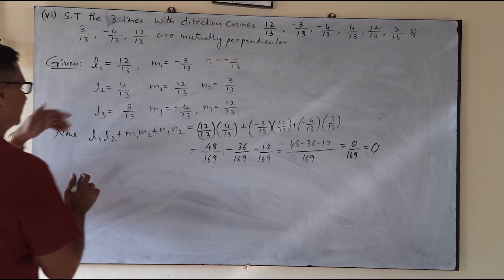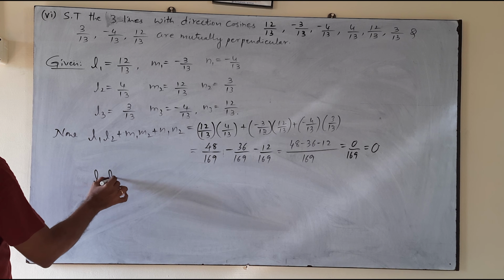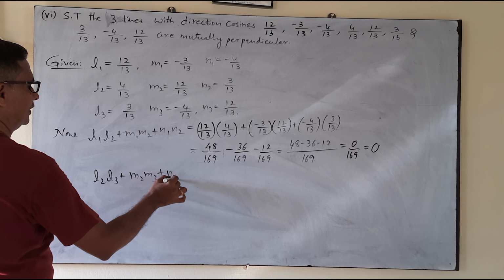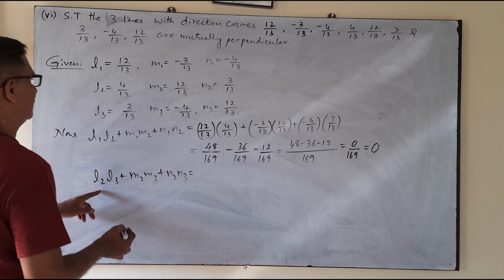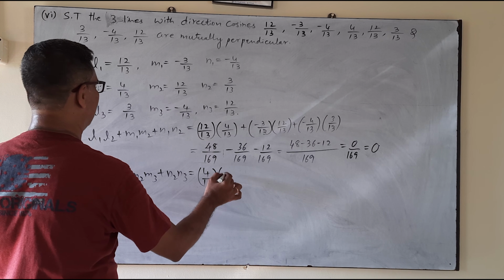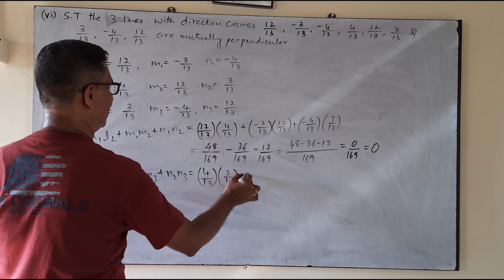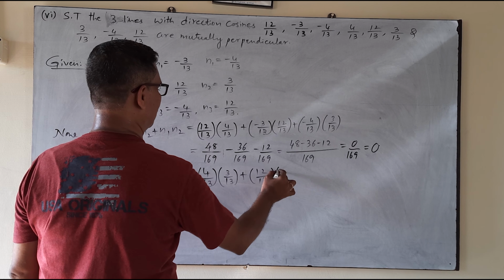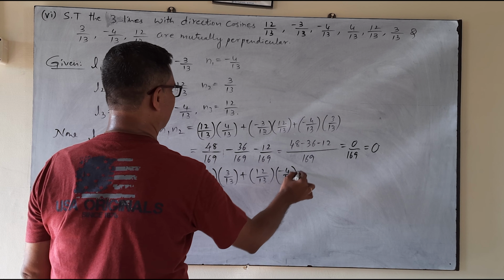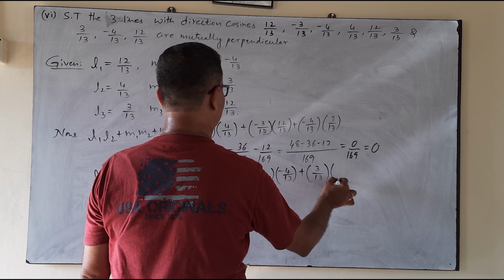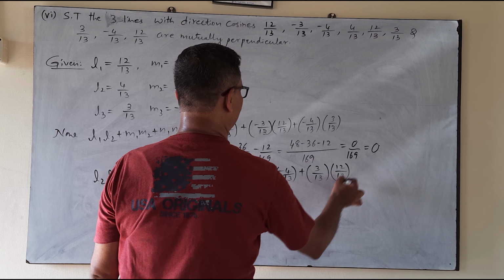Next, take the second and third. L2 L3 plus M2 M3 plus N2 N3 is equal to: L2 is 4 by 13, L3 is 3 by 13, plus M2 12 by 13, M3 minus 4 by 13, N2 3 by 13, N3 12 by 13.